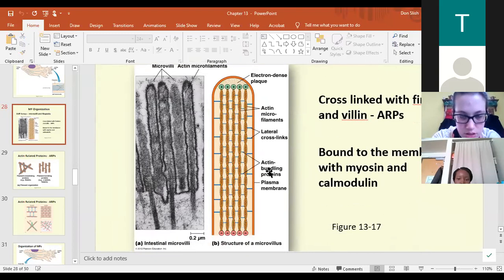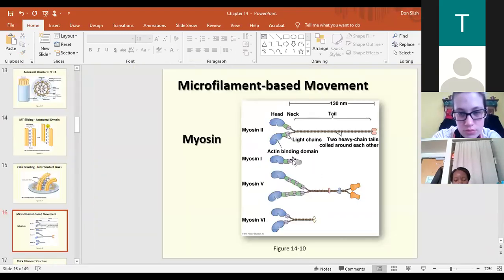No, but myosin is these blue things that are attaching this. So myosin and calmodulin are involved in structure here in the microvillus. So it can be structural. I imagine these shorter ones are more important in structural ways.